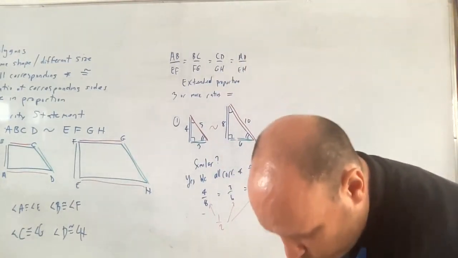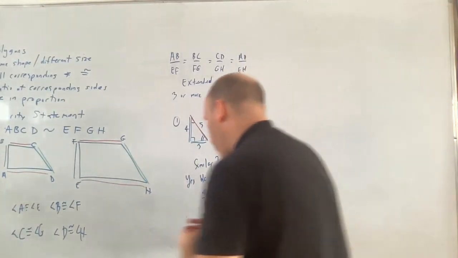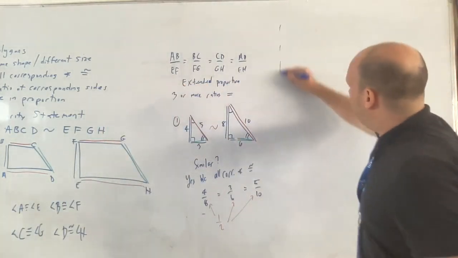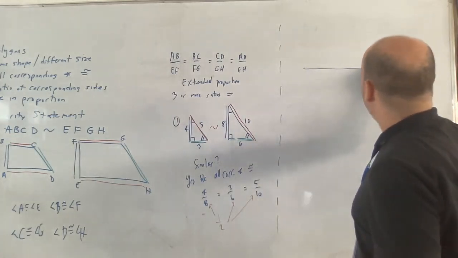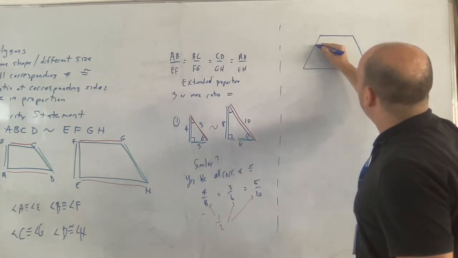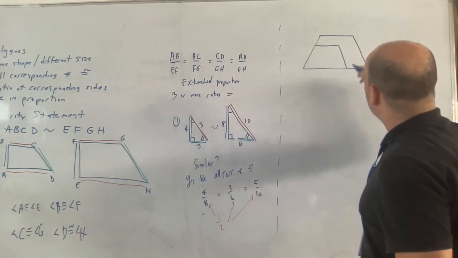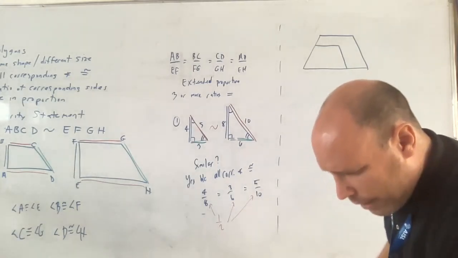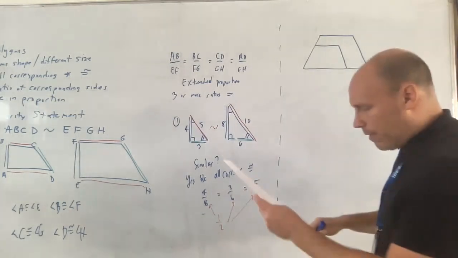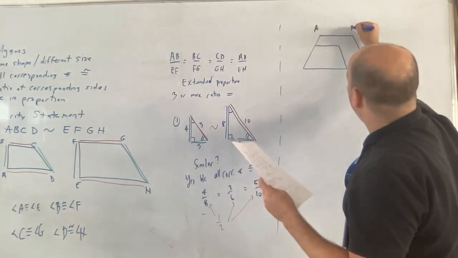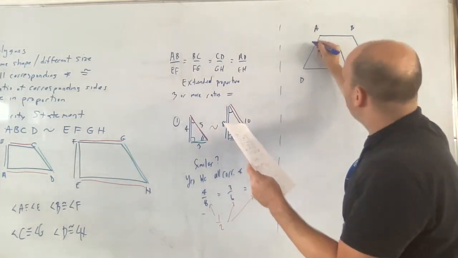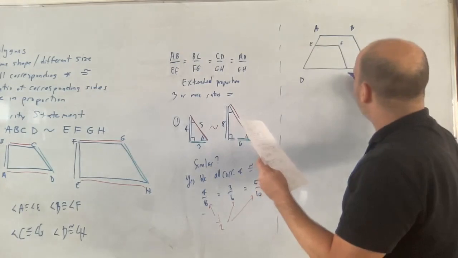Next question. Here's a diagram. We're going to put a trapezoid inside a trapezoid. Let's call this ABCD, and let's call this one EFGD.